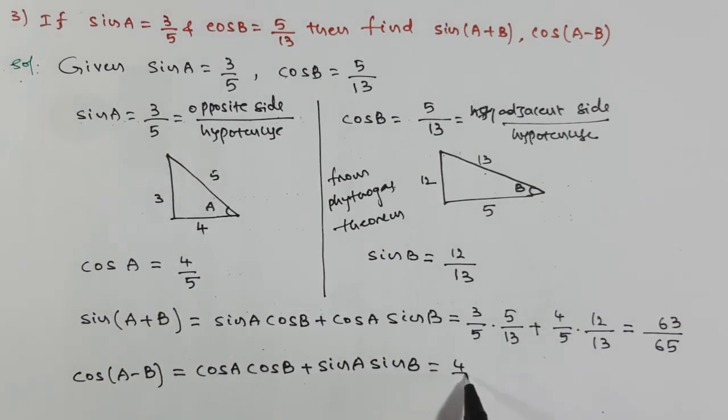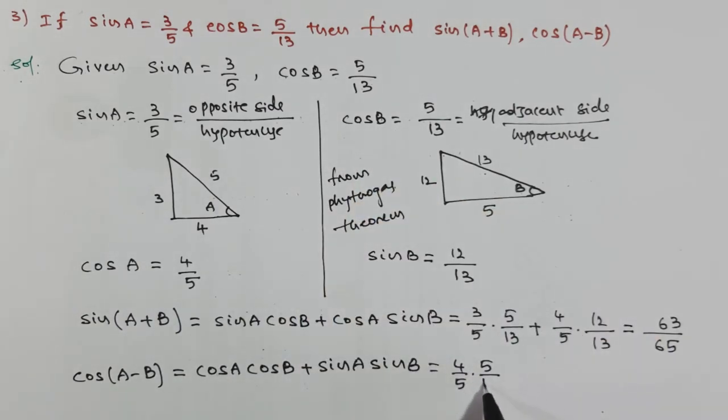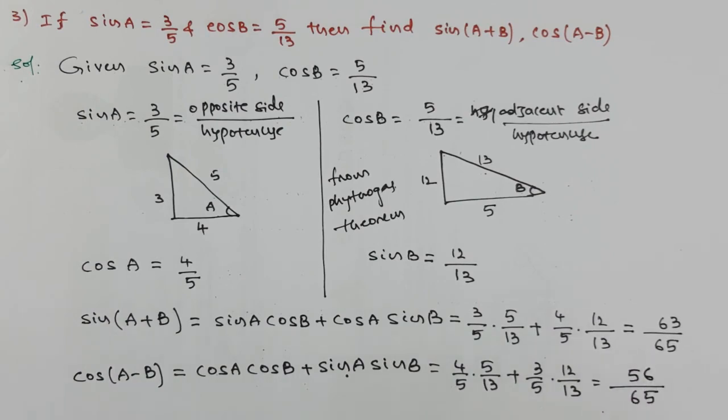Cos A is 4 by 5 and cos B is 5 by 13, plus sin A is 3 by 5 and sin B is 12 by 13. And then the LCM is 5 13s, 65. First one is 4 5s, 20, and 3 12s are 36. Totally 56 by 65. That is the value of cos of A minus B.